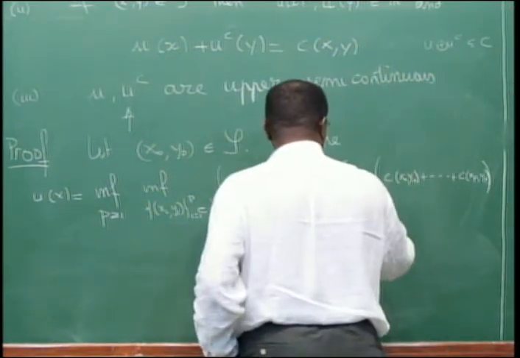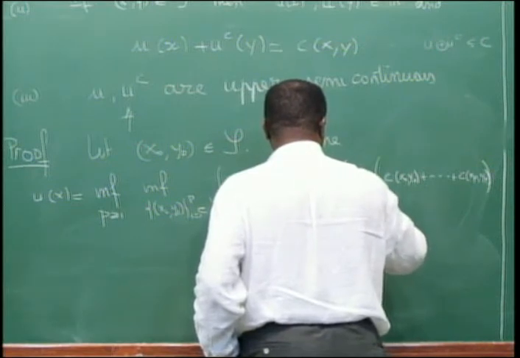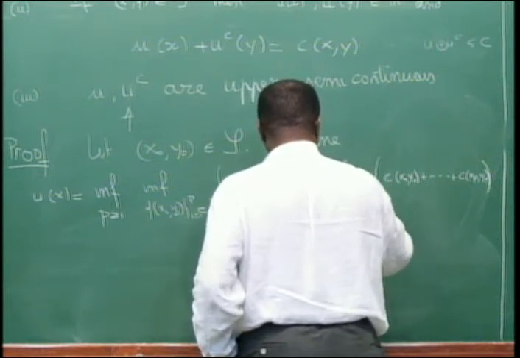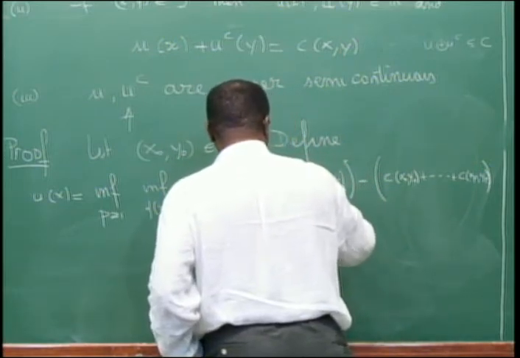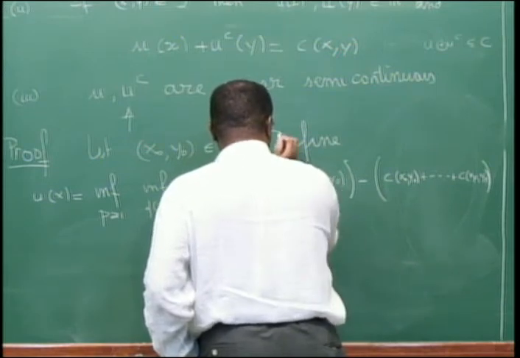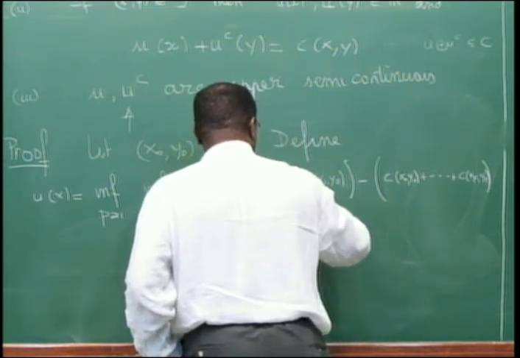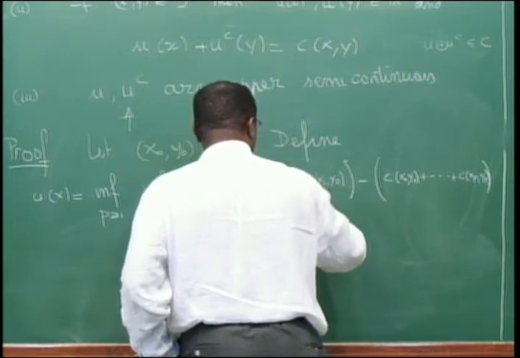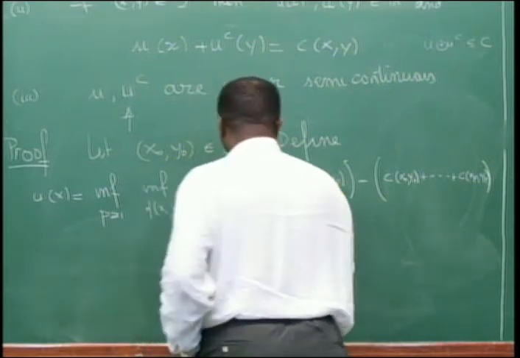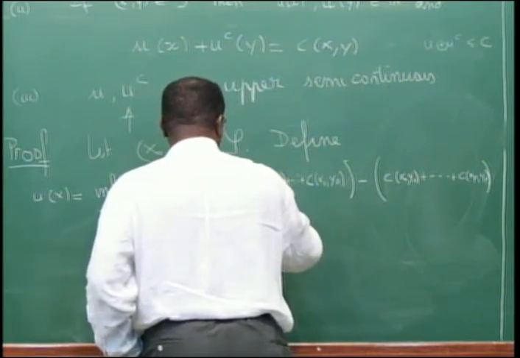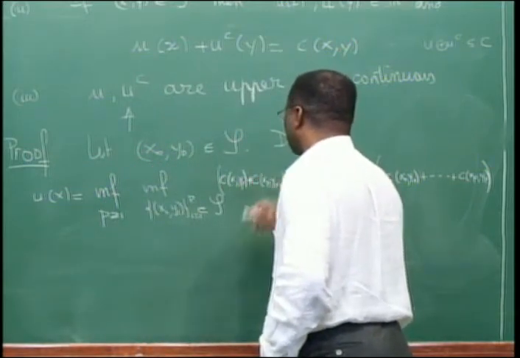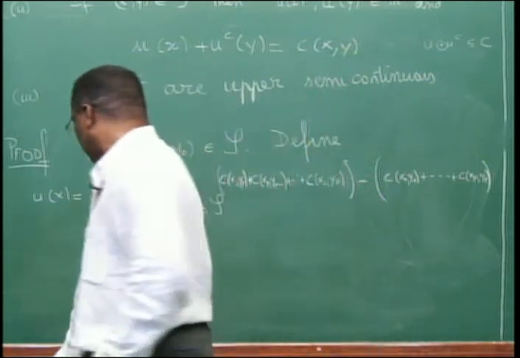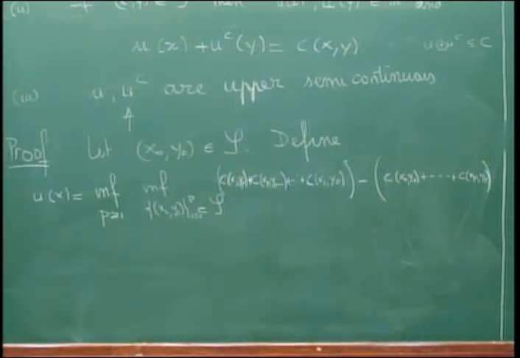I will have C of x1, y naught, plus C of xP, yP minus 1, plus C of x, yP. So let me explain what I am doing, what I wrote there.